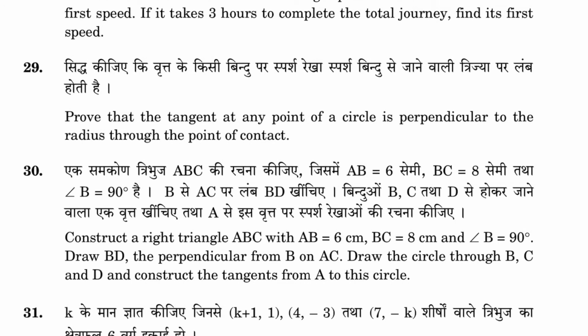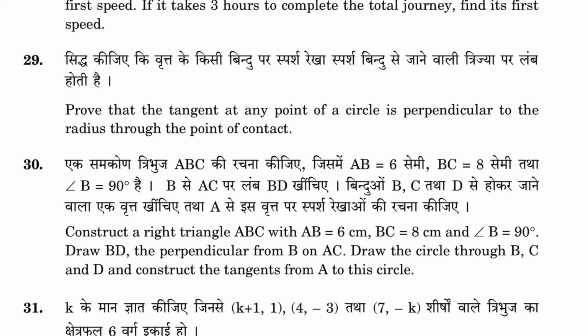29th question. In this question we have to prove that the tangent at any point of a circle is perpendicular to the radius through the point of contact. So let's draw the circle and let this be the tangent.